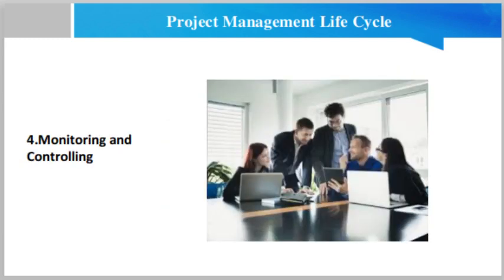Next phase is monitoring and controlling of the project. In the project management process, the third and fourth phases are not sequential in nature. The project monitoring and controlling phase runs simultaneously with project execution, thereby ensuring that objectives and project deliverables are met.